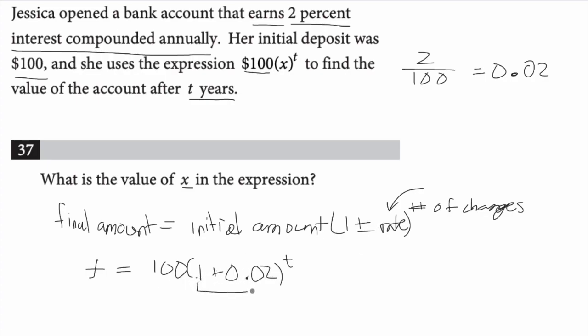So this is equal to 1.02. So the value of x in the expression is 1.02, as the bank account earns 2% interest compounded annually.